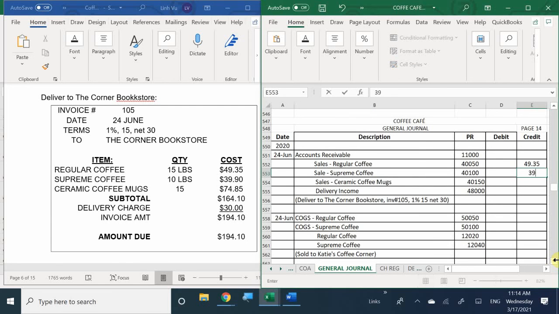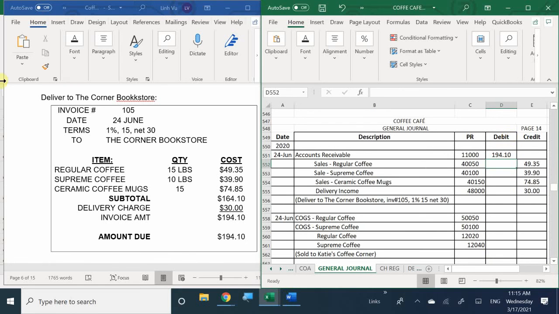Supreme coffee 39.90, and my coffee mugs 74.85. And lastly, my delivery fee for $30. Okay, so I should get a grand total. Yep, 194.10. Perfect.